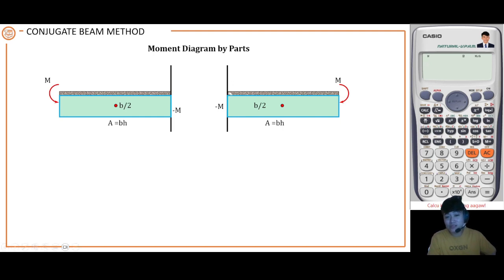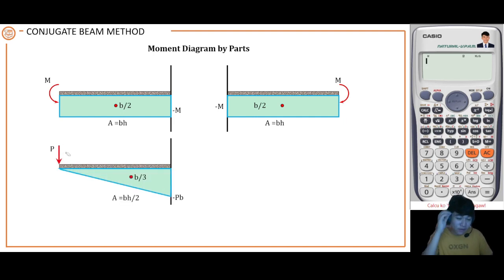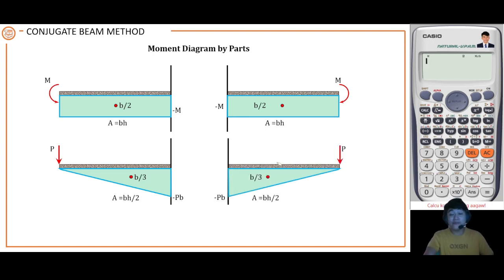It will give you a negative area of moment diagram by parts. For a concentrated load, that is a triangular moment diagram by parts.